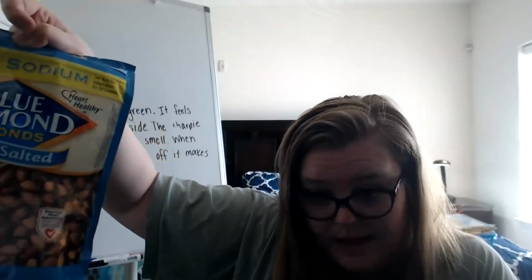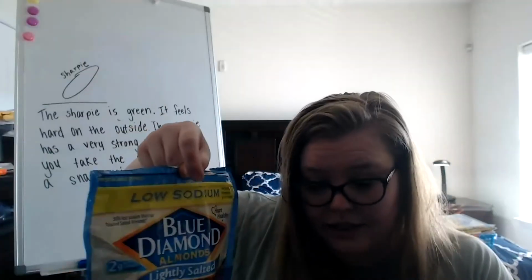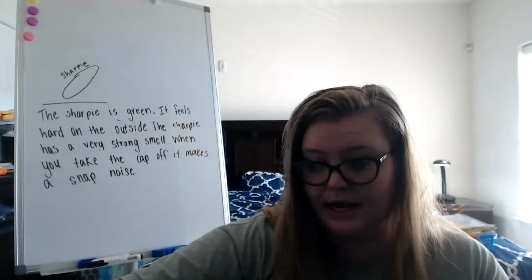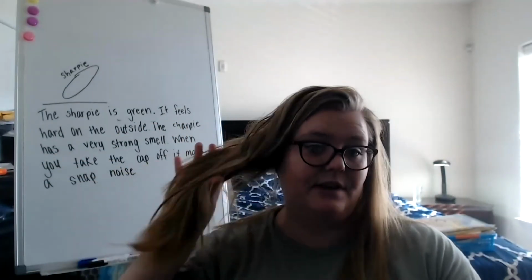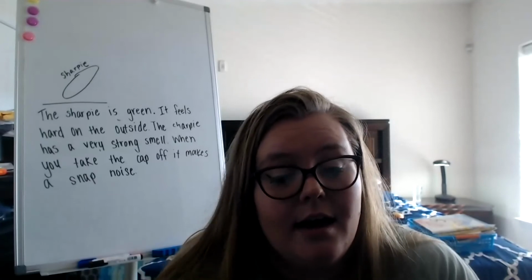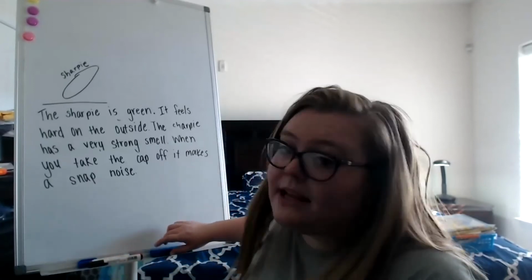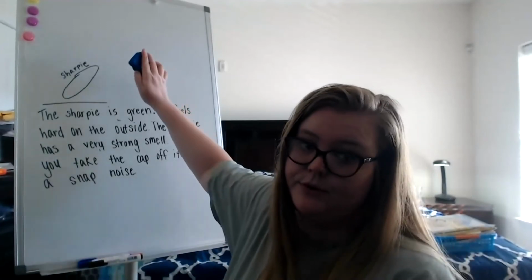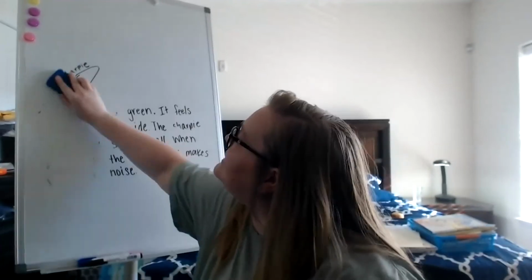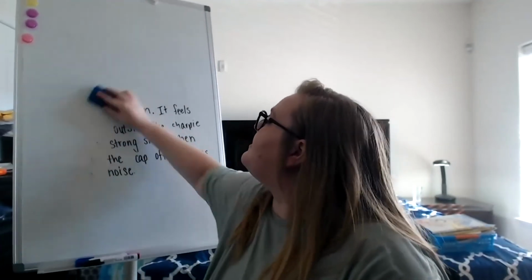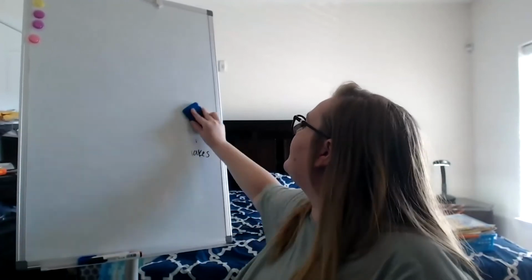Almonds. If I picked an almond, I could trace the almond, and then I could write about what it looks like, feels like, smells like. And then I could taste it because an almond is a food and write how it tastes. But if it's not something that you should eat, do not put it in your mouth. Okay.